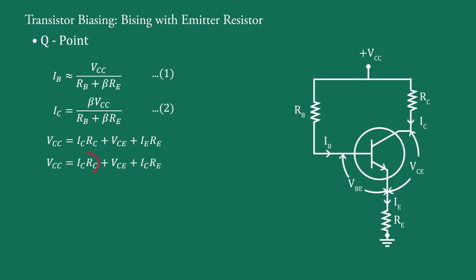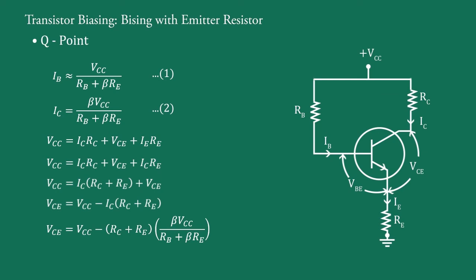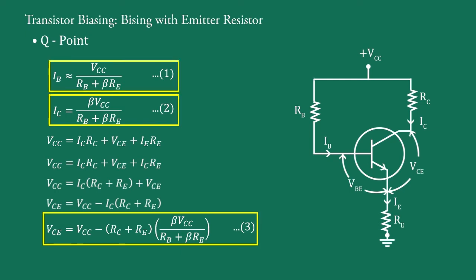Taking IC common, VCC equal to IC into RC plus RE plus VCE. By simplifying, VCE equal to VCC minus IC into RC plus RE. Substituting the value of IC from equation 2, we have VCE equal to VCC minus RC plus RE into beta VCC upon RB plus beta RE. Say equation 3. Using equations 1, 2 and 3, we can determine the Q point.